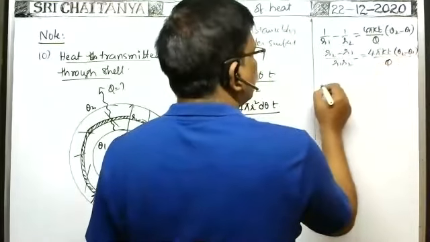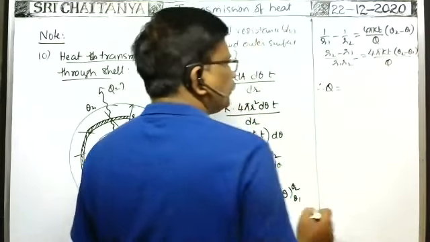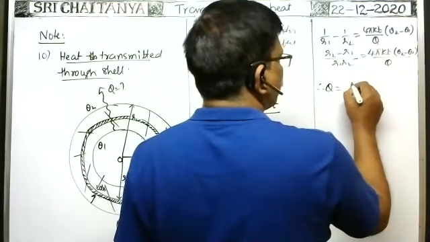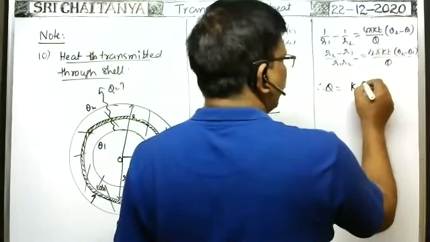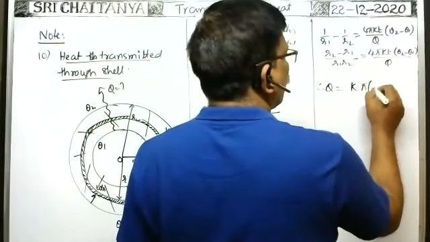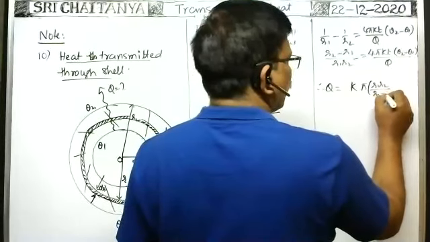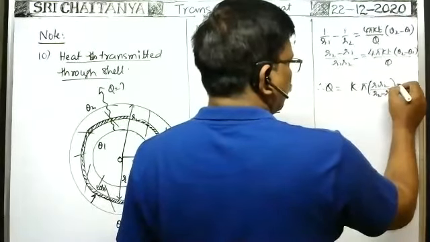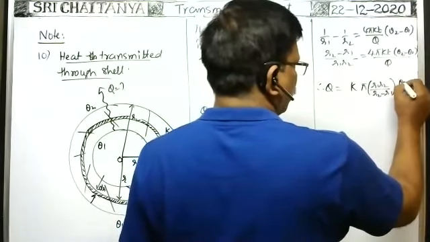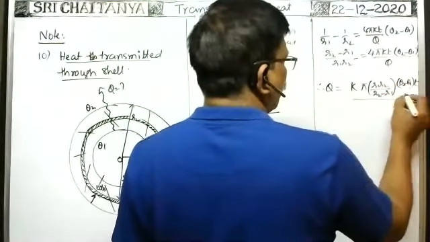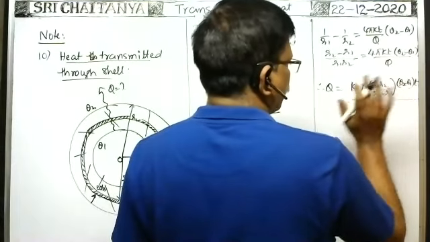We need q. Therefore, q is equal to, the general formula is K into the area, pi into R1 R2 cross multiplication, R1 R2 by R2 minus R1 into the temperature difference theta 2 minus theta 1 into T. Okay, that's all.